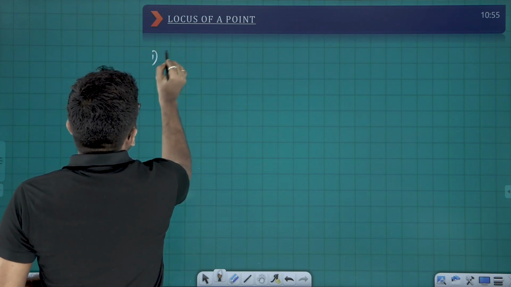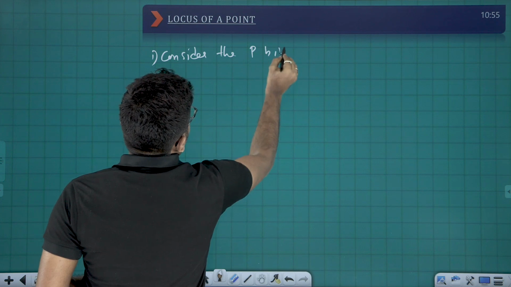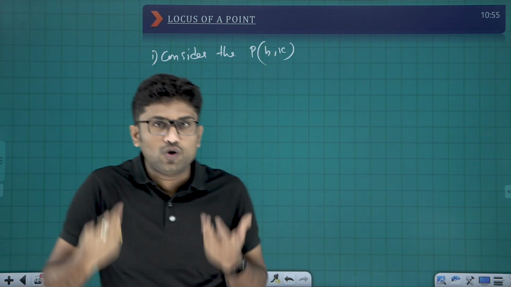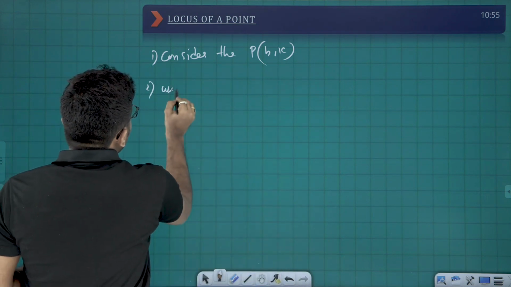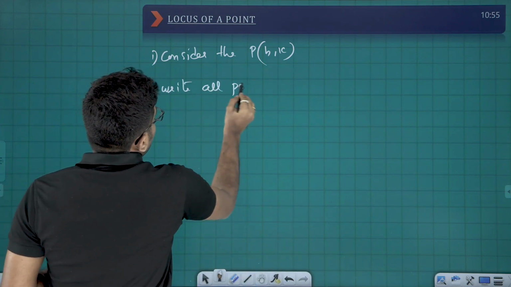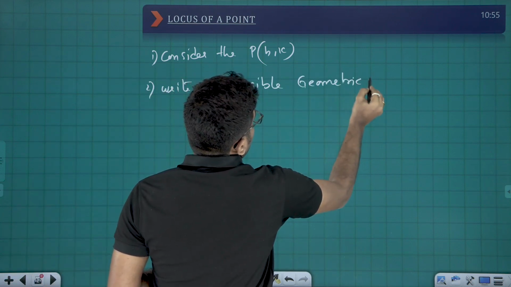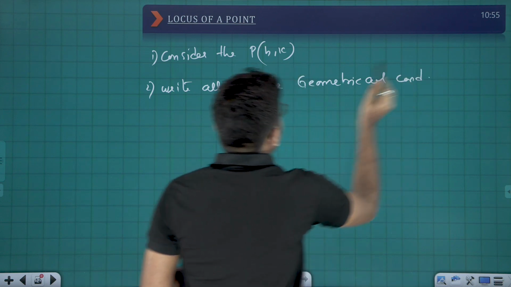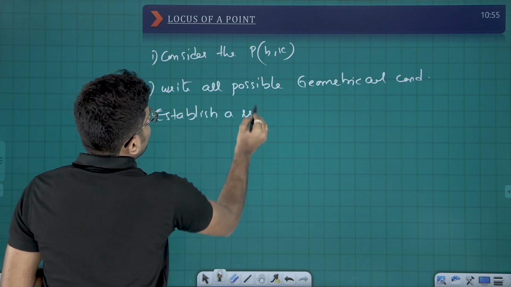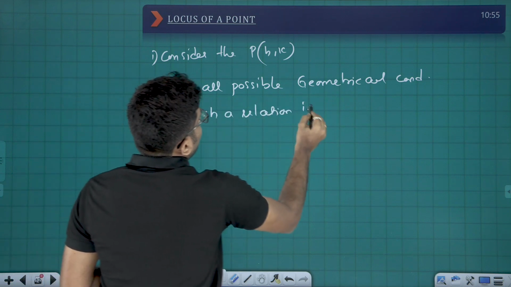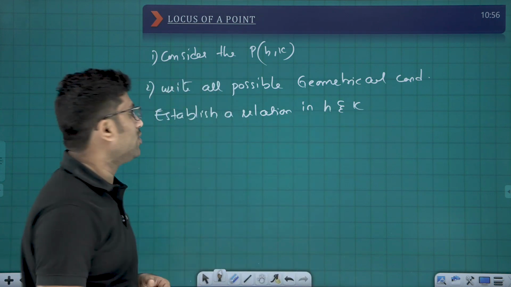First, consider the point as P of H comma K. Whatever the point that they are asking us to find locus, take that point as P of H comma K. Next, write all possible geometrical conditions and establish a relation in H and K, excluding the parameters. There shouldn't be any parameter.